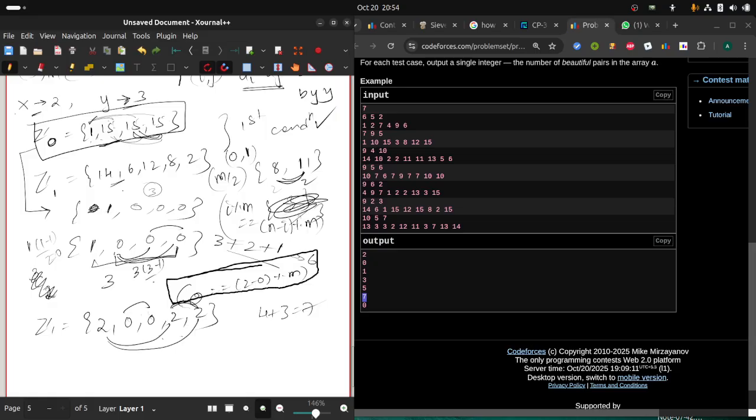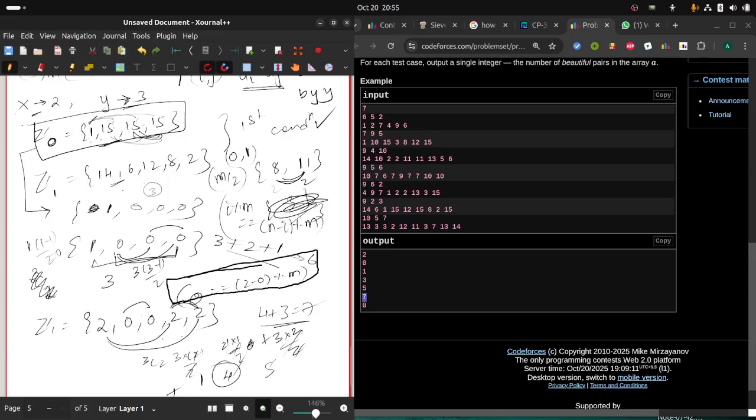So 3 into 3 minus 1 by 2 is one thing, and same is here as well, 2 into 1 by 2 plus, and there's another group of zeros, which is 3 into 2 by 2. It's 5, and right, how is it 5? 3C2 is 3 into 2 by 2 plus 2C2. 2C2 is 1. 3 plus 4. And 2 into 1 by 2 is 1 plus 3 is 4, 4 plus 3 is 7.